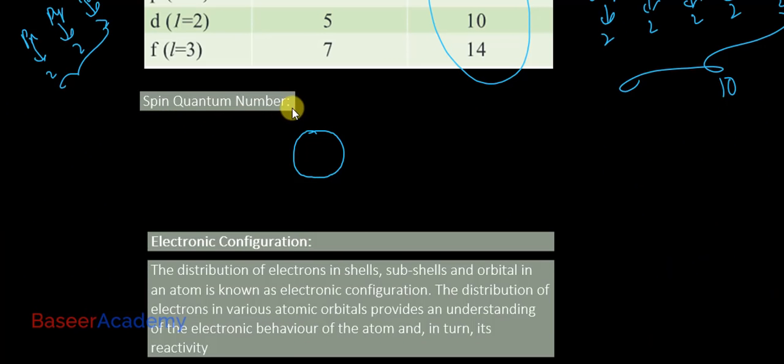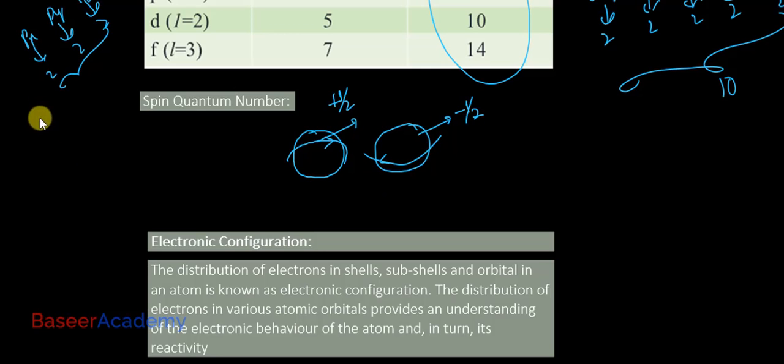What is spin quantum number? Electrons can have a clockwise spin, and electrons can have an anti-clockwise spin. If the electrons spin clockwise, we say that the spin is plus half. And when the electrons spin anti-clockwise, we say that the electrons have minus half spin.